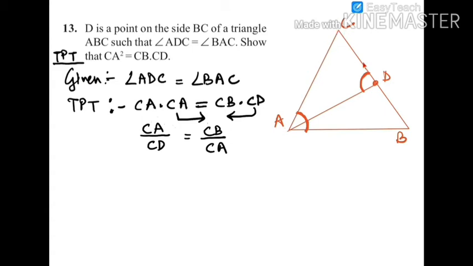CA and CB belongs to triangle ABC. And CD and CA belongs to triangle CAD. So now we know which two triangles we have to show similar. So let's write down.